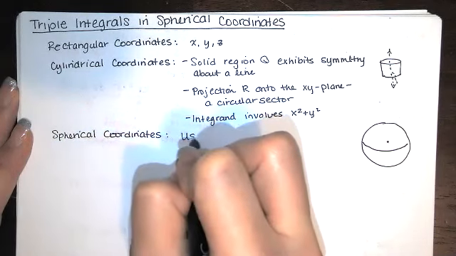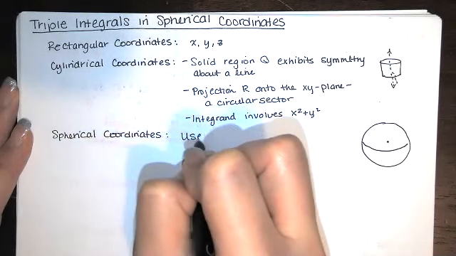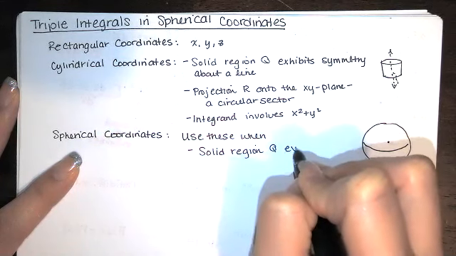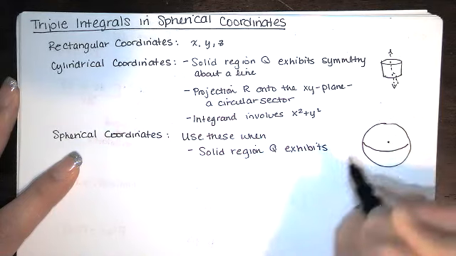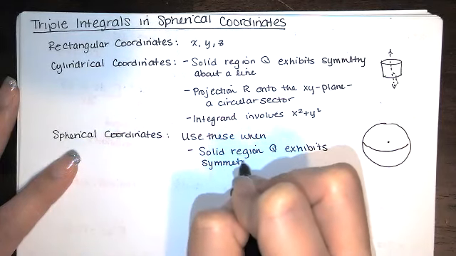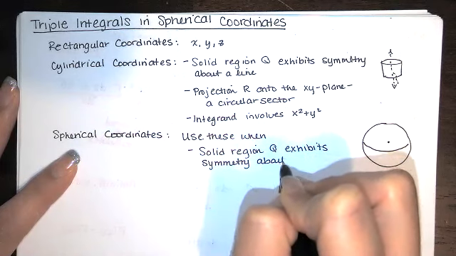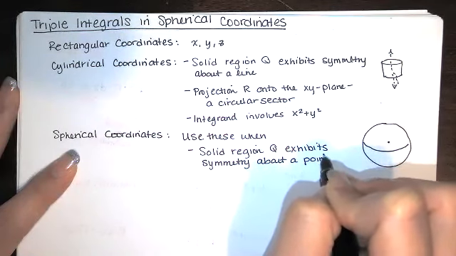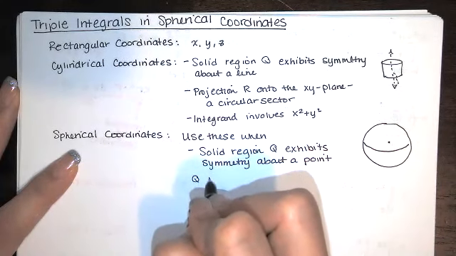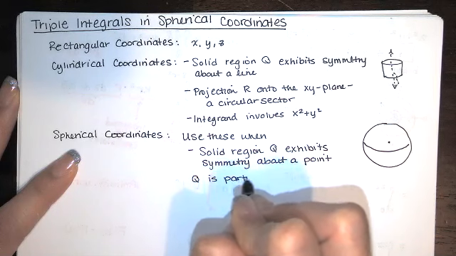So we will want to use these when the solid region Q exhibits symmetry about a point, or in other words, Q is part of a sphere.